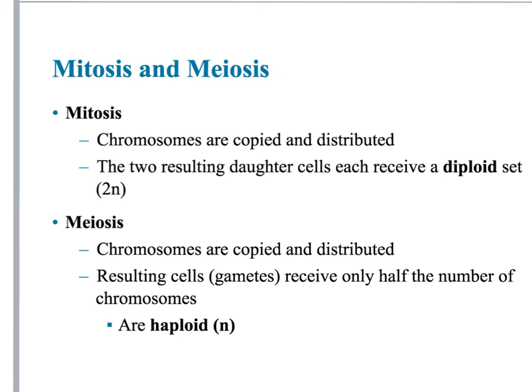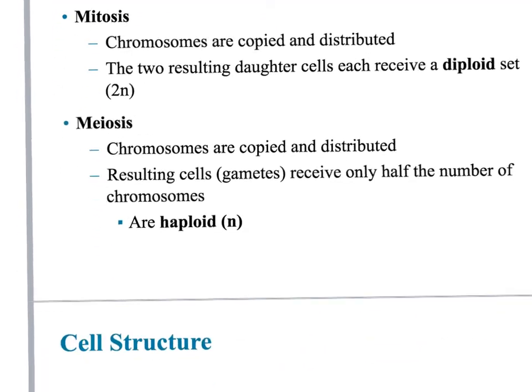In meiosis, the result is a haploid number, the 23 individual chromosomes, not 23 pairs. In mitosis, it's 23 pairs for a total of 46 chromosomes. In meiosis, it's one chromosome from each pair, and you wind up with a haploid number, or half the number of chromosomes. You have your 23 in meiosis.